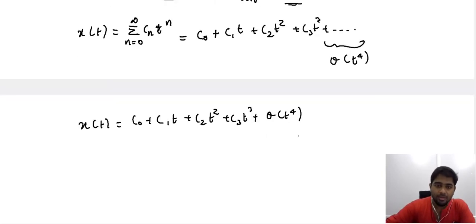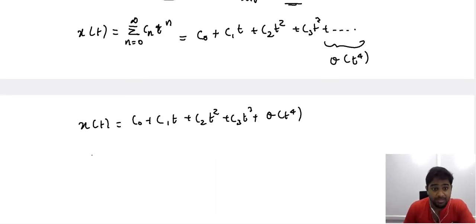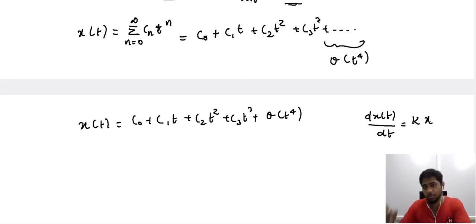Now, when you consider the original relation that directed us towards our model, it is of the form: the differential of x of t with respect to t is the product of k into x of t. Now let us include this k in this function here, so k of x of t.